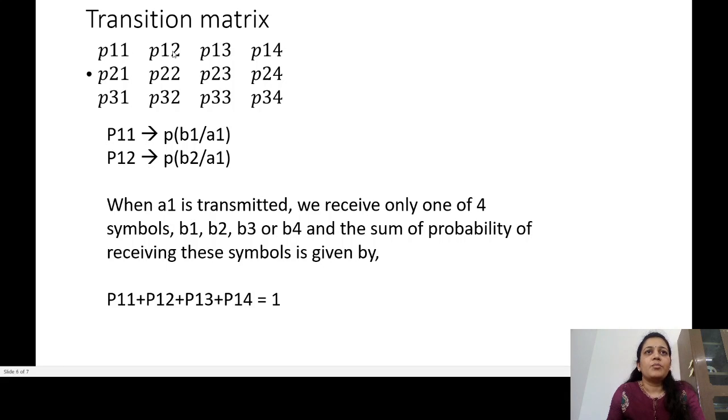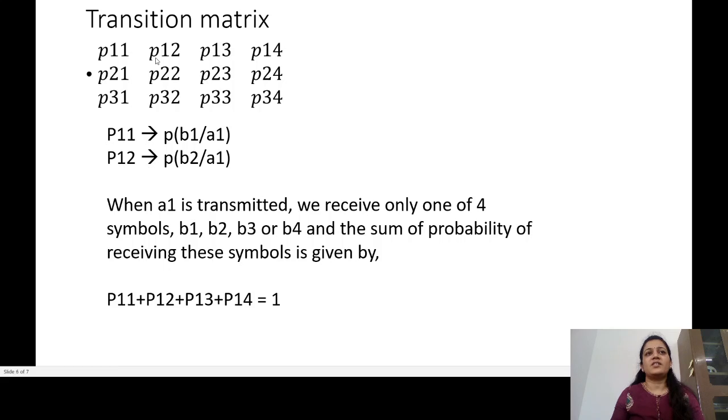Now if I consider one particular row, say for example the first row, it says that when A1 is transmitted we receive only one of 4 symbols. Either I can receive B1 or B2 or B3 or B4. Depending upon the probability, I have to take a strong decision whether it is B1, B2, B3 or B4. That again depends upon your probability value.